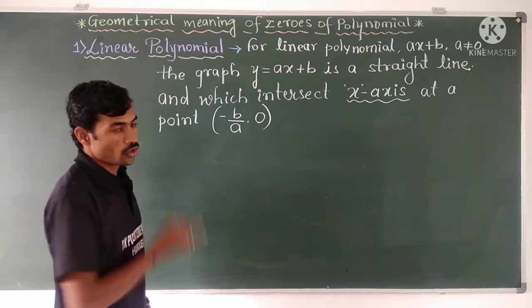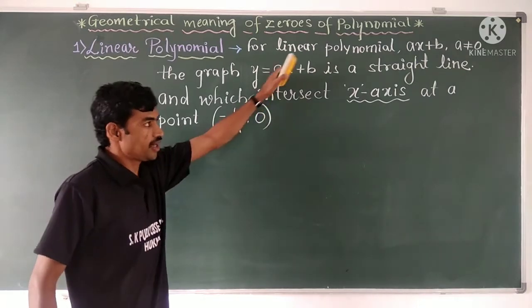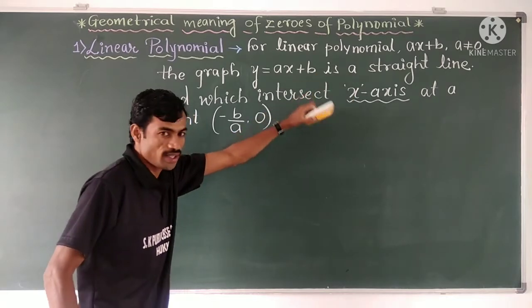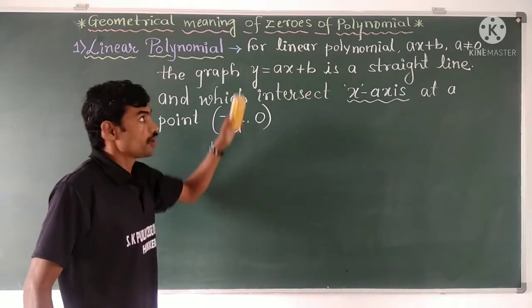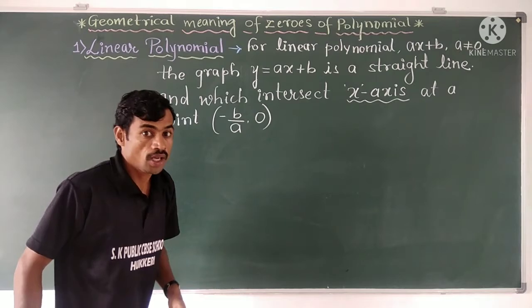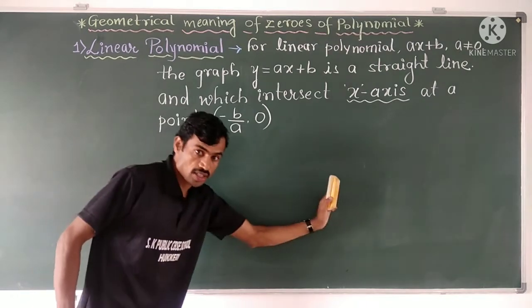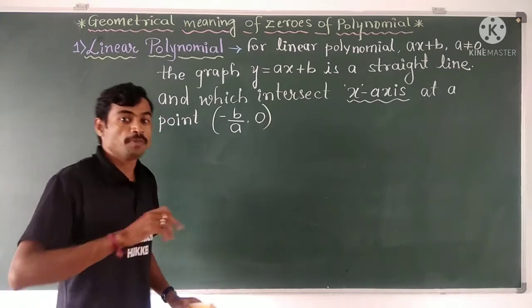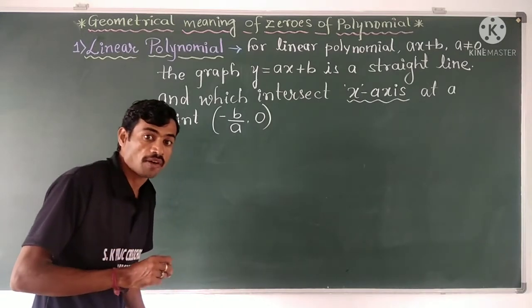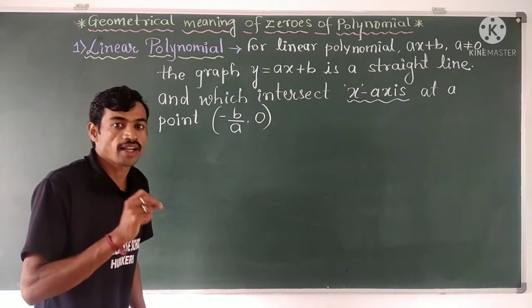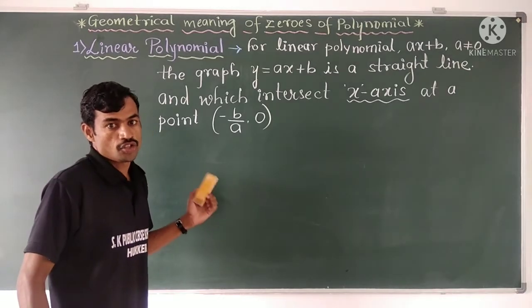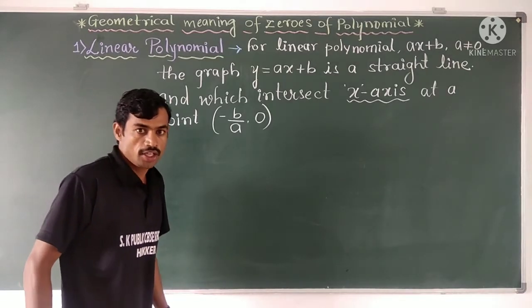Clear? So I have already given the definition. What is to be checked for the zeros of a linear polynomial? We have to construct the graph, and on that basis we can identify exactly where the zeros of a given linear polynomial are.